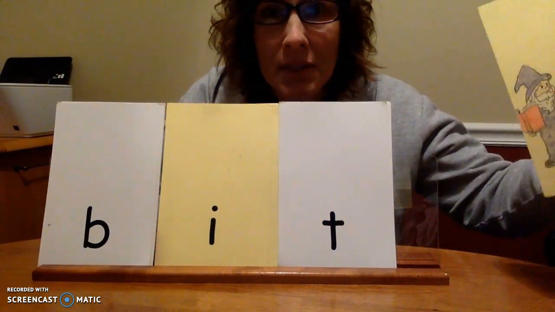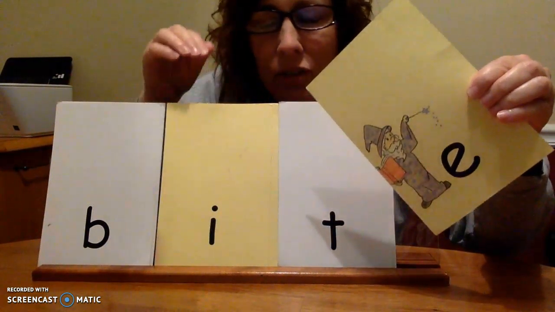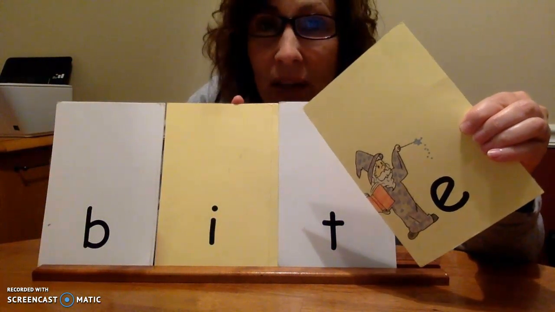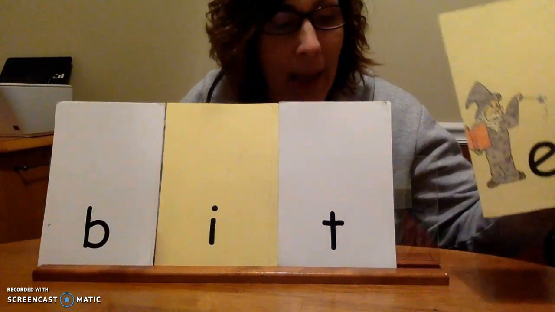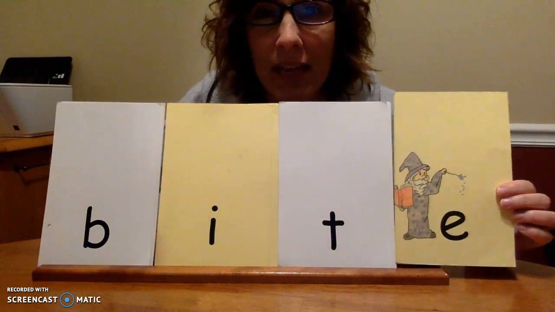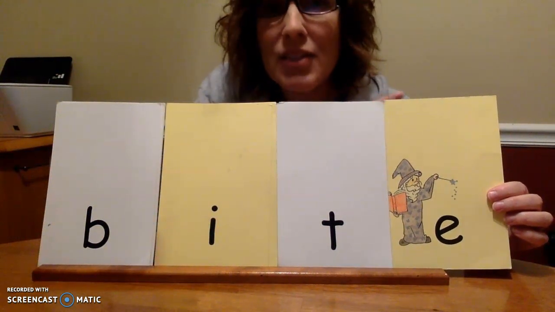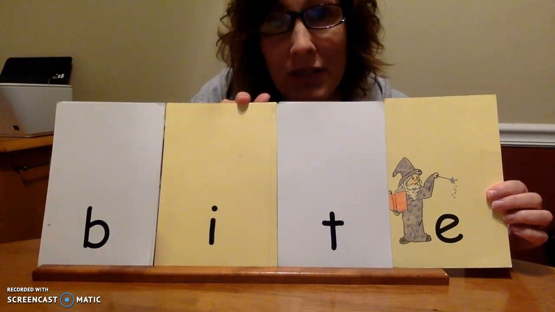So magic E comes along and gives all of his power to the I, or this vowel, so that this vowel can step out and say its name nice and loud. The magic E on the end of the word doesn't make a sound because he's so tired and so weak from giving all of his power to this vowel.